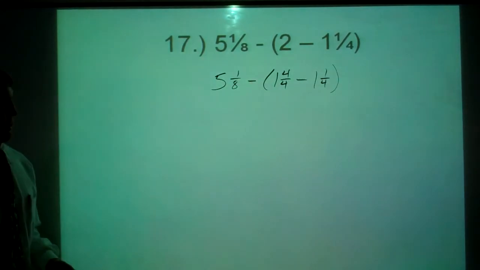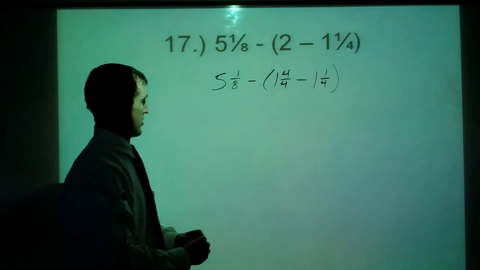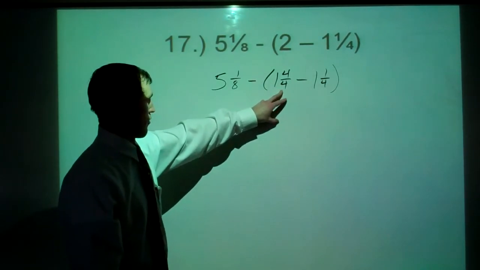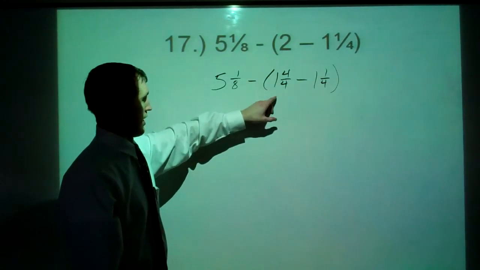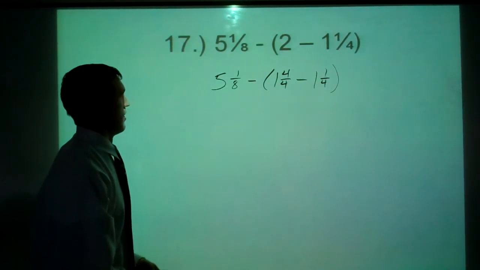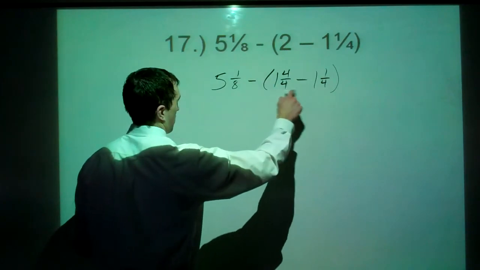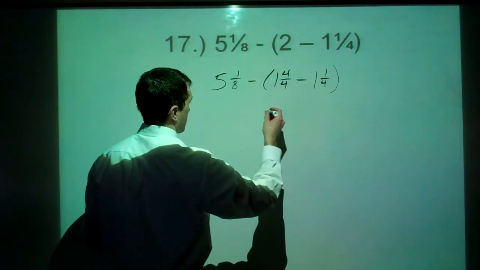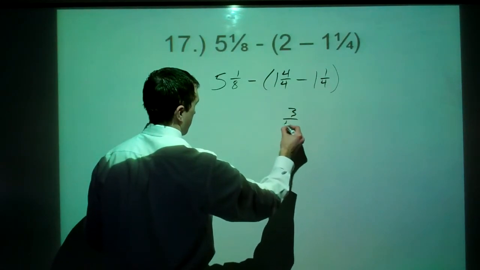Okay, now that's still 2, it's a disguised 2. 1 and 4 over 4 is 1 and 1, so that's equal to 2. But now we can actually do our subtraction here. So we've got 1 minus 1, which is 0, but 4 minus 1 is 3. So we get 3/4 in that parentheses.